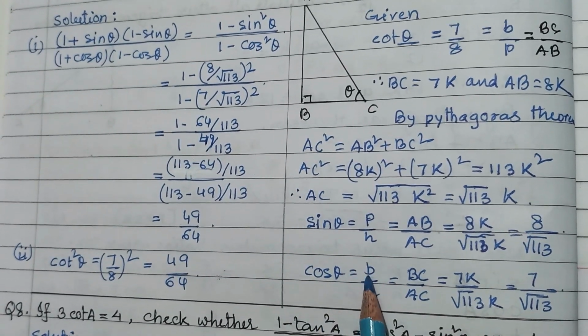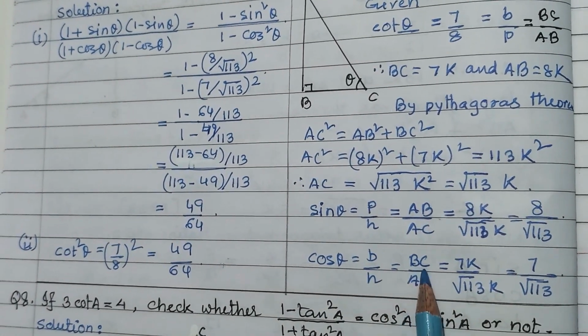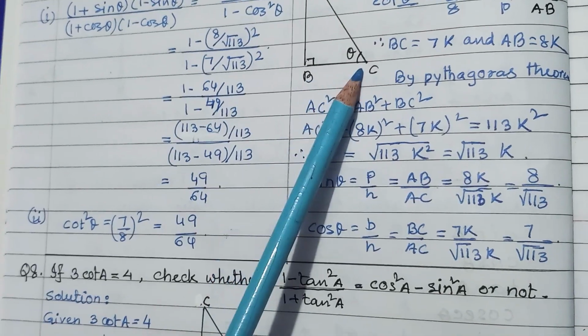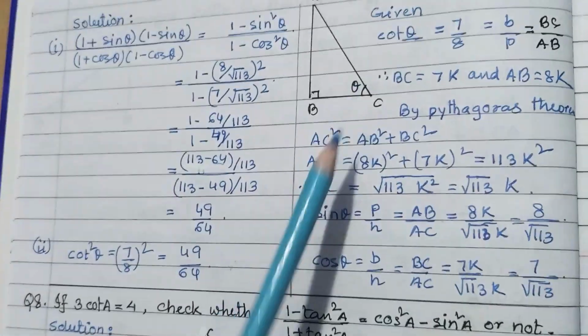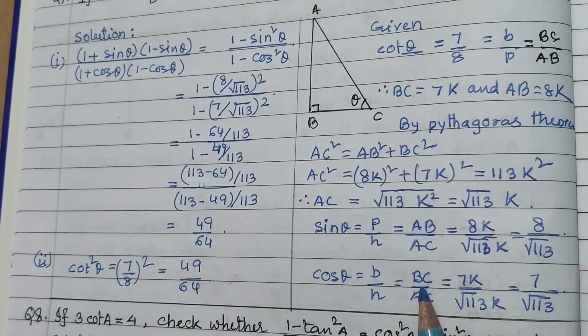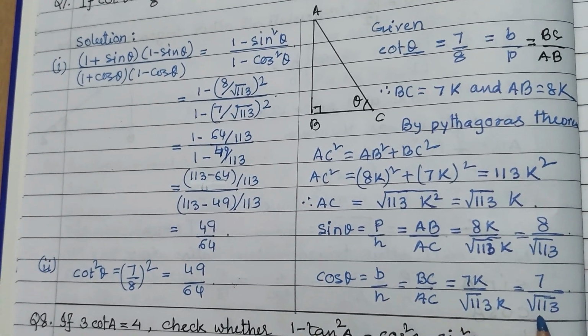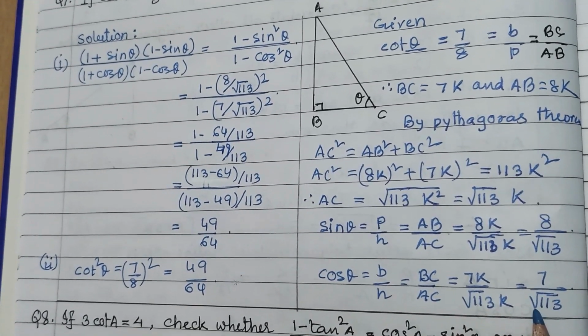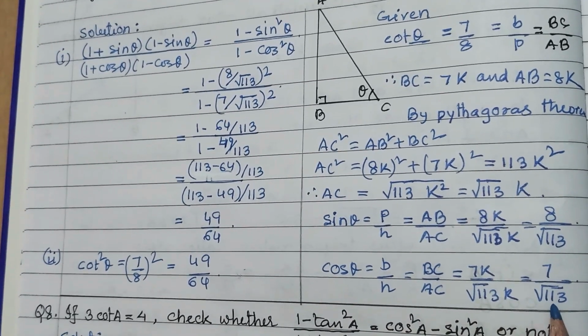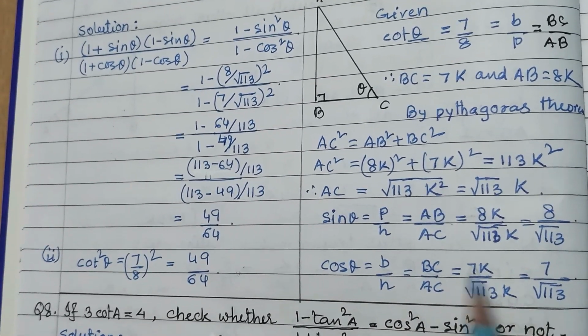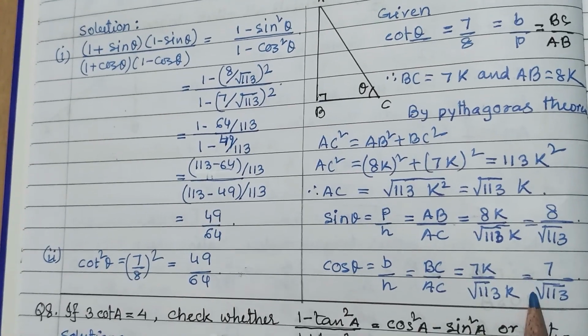Similarly, cos theta is equal to base upon hypotenuse, so it is BC upon AC, BC is the base and AC is the hypotenuse. Now put the value 7k upon under root 113k, it is 7 upon under root 113. Now this value, sine and cos, we have got it here.